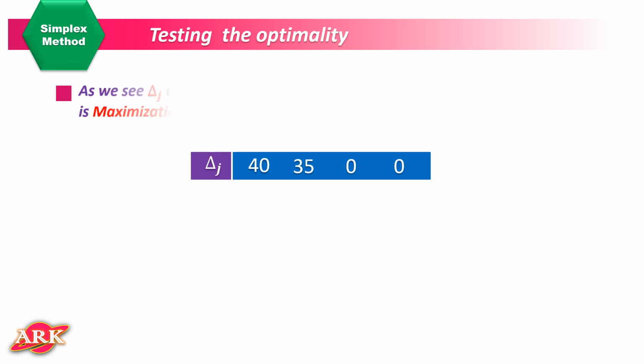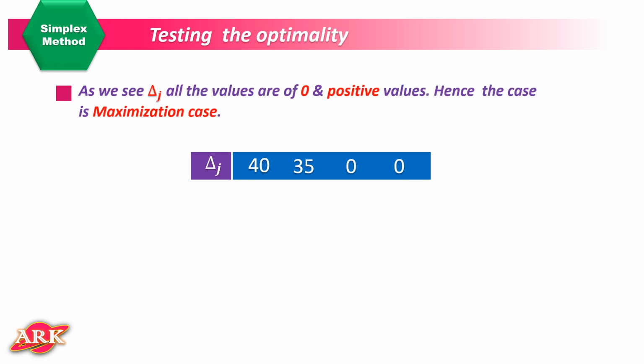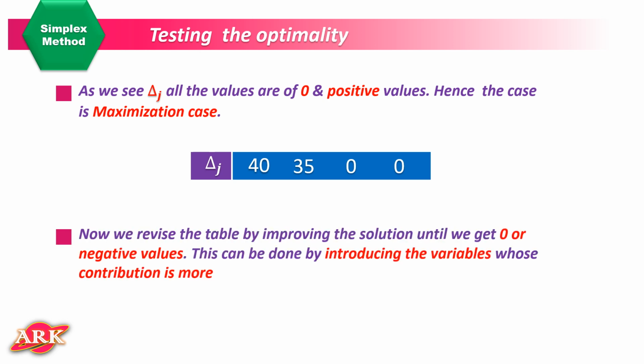If we see now, the delta J values we have calculated in table 1 are all positive values and zeros. Hence, we can conclude this case belongs to the maximization case. So, how can we attain the solution? Now we have to revise the table by improving the solution until we get zeros or negative values for delta J. And this can be done by introducing the variables whose contribution is more.